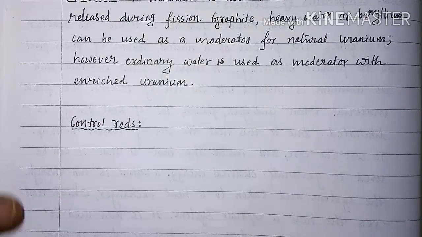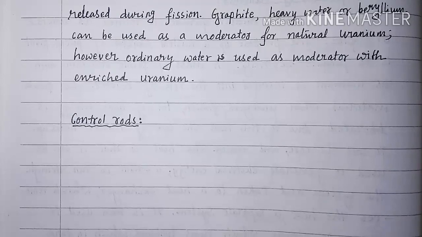Sometimes what happens is excessive energy will be released in a nuclear reactor, and because of excessive heat energy released, the fuel rods may melt, the coolant may be disintegrated, and the nuclear reactor itself may be destructed.